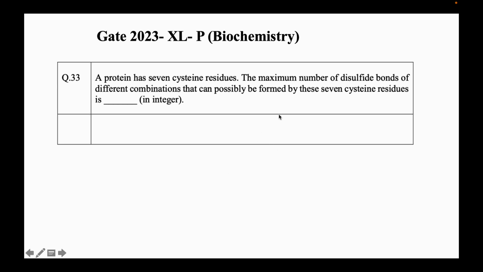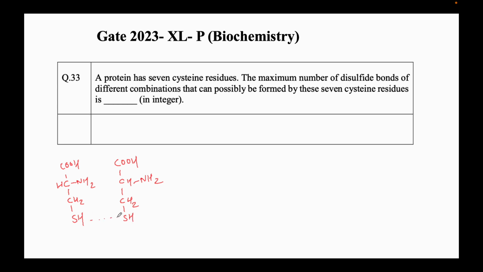Okay, so first we'll try to write the structure. Suppose we have two cysteine molecules like this, with CH, SH, and NH2, the amino acid.